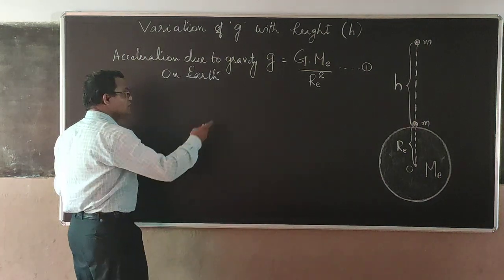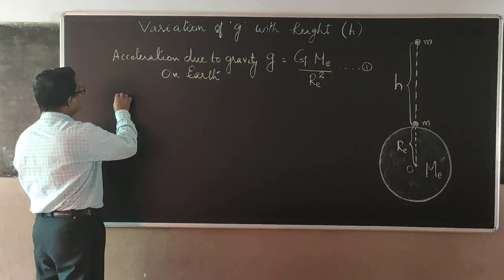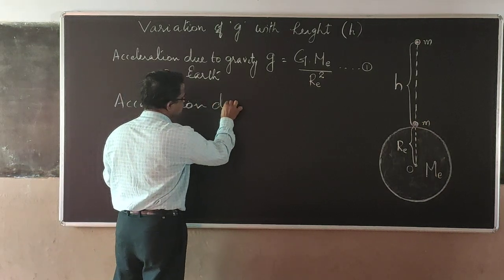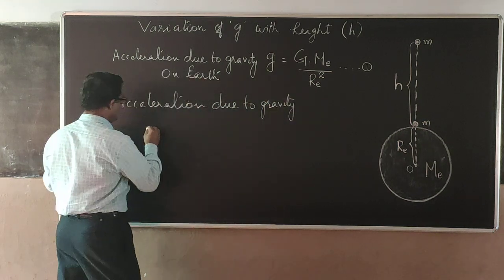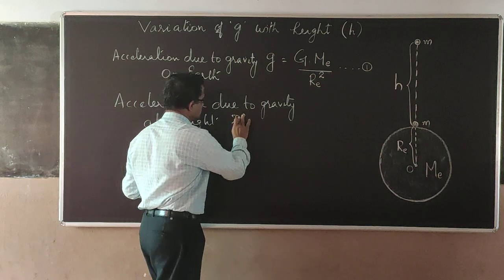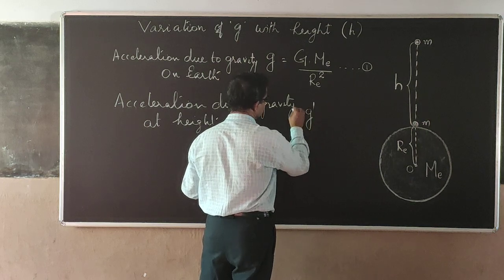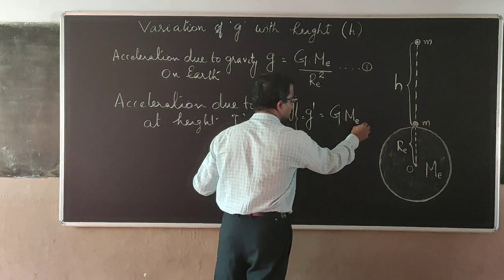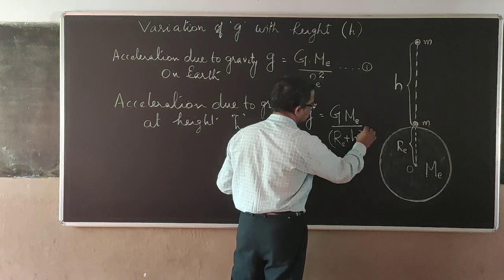And therefore, we can write the equation for acceleration due to gravity at that height h, that is g prime will be equal to G into ME divided by (RE plus h) the whole square.